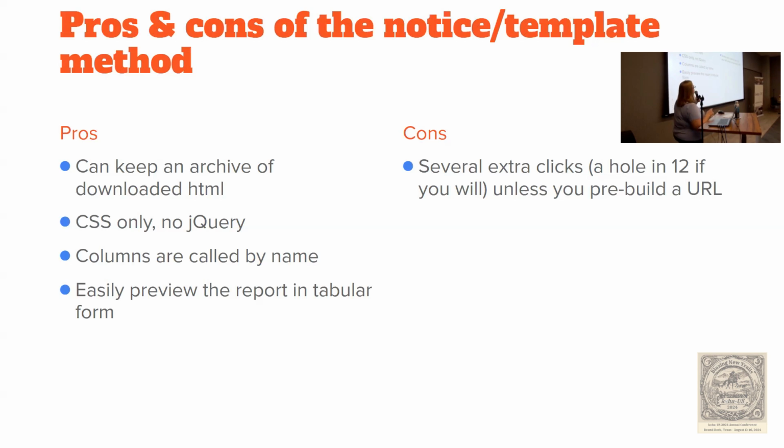And the cons are a hole in 12, if you will. There was just something a little weird. I know there was a little bit of user error, but also if there's a little bit of user error, you might think that you have a perfectly fine report and that you have to download it for it to work correctly, and it turns out you're using the wrong template.